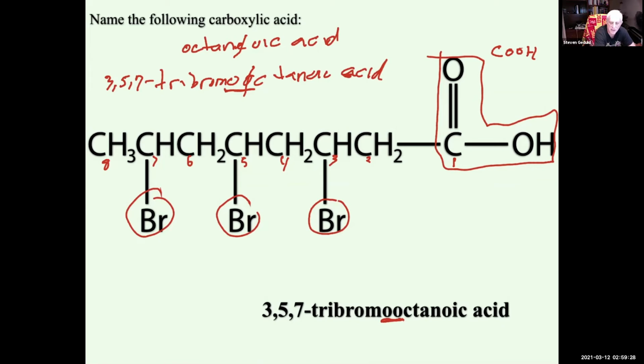Just keep them together like that. If you drop one of those O's, it would not be marked wrong. You'll see it written in different ways in different systems. But it tells you there's octanoic acid, 8 carbons with a COOH group on the end. It says we have 3 bromines, tribromo at numbers 3, 5, and 7. So from the name, you can draw the compound.